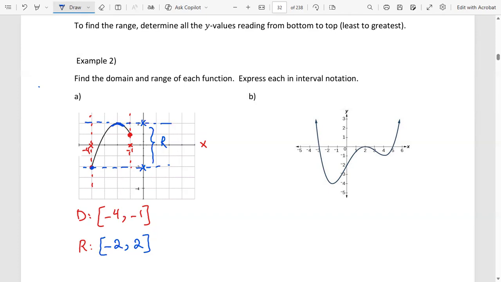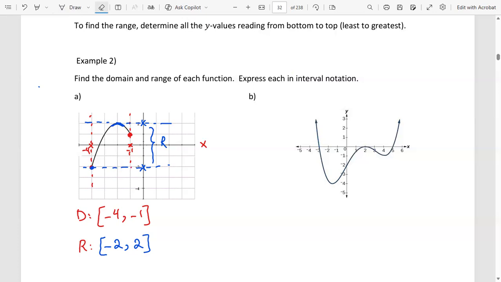Let's look at part B. Find the domain and range. Again, for the domain, we look at the graph from left to right. And you see that this graph has an arrow on both sides, which means that on the left side, the graph is going up and going to the left, all the way to infinity.